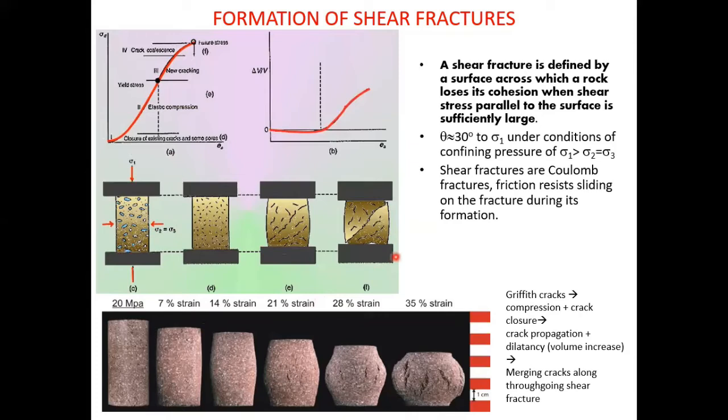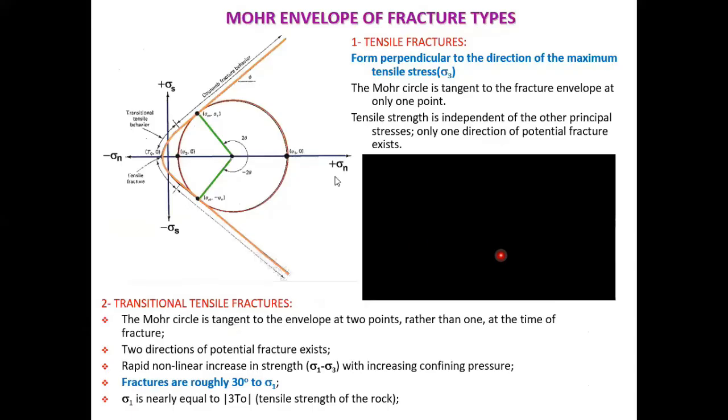And after increasing shear stress parallel to the surface of the joint, that shear stress will basically control sliding, and these shear fractures will form inside the rock. So why are these shear fractures important? Using Mohr circles, we can analyze them, and also with them, we can estimate the tensile strength of the material.